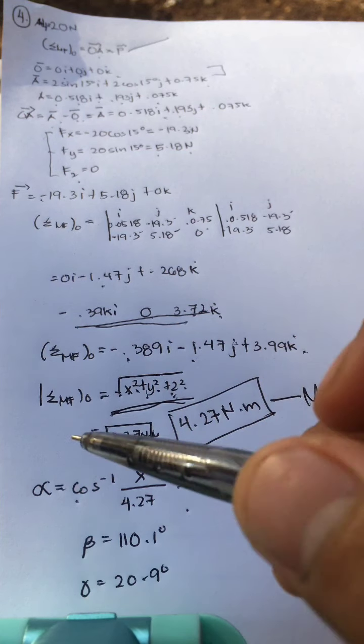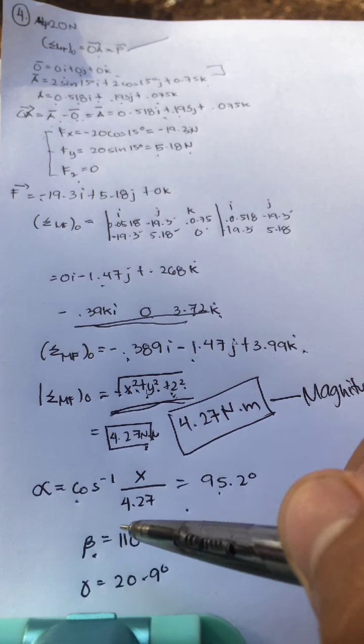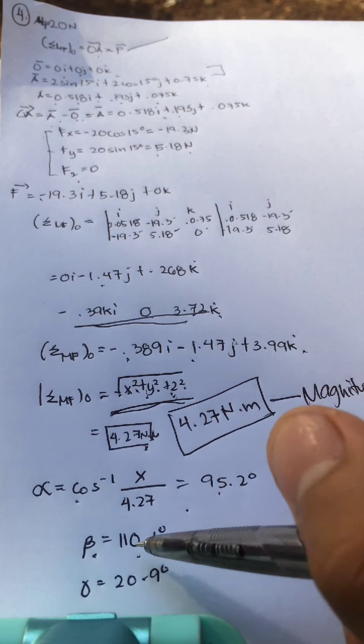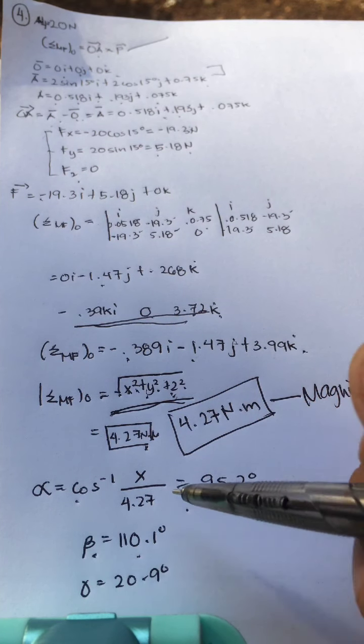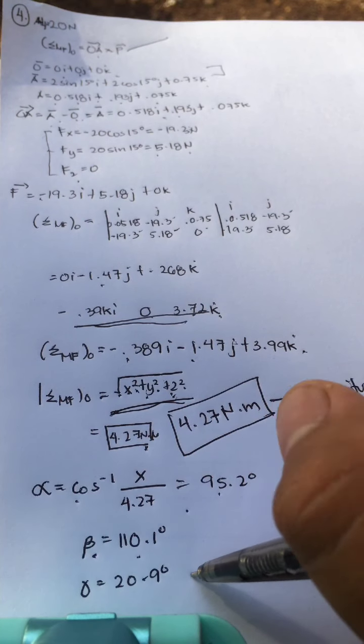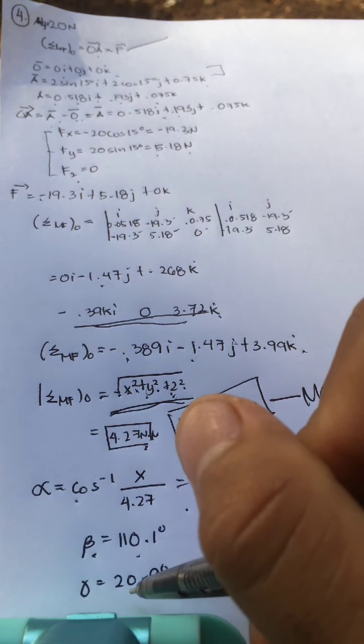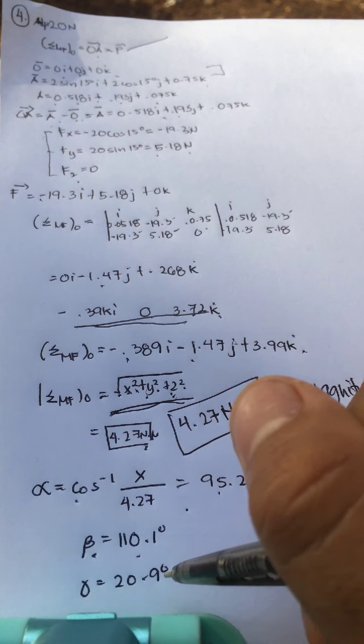And next is the inverse cos of y over magnitude, which is equal to 110.1 degrees. Then last is the inverse cos of 3.99 over 4.27, which is equal to 20.9 degrees.